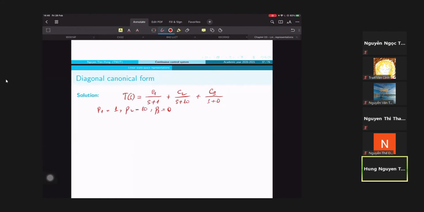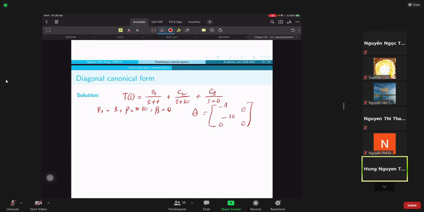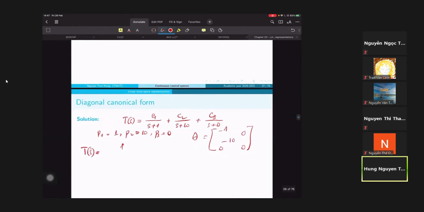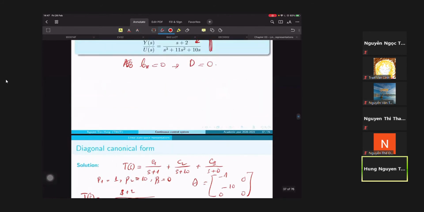Okay, so we will see that we got a matrix like this. Minus 1, okay, sorry, this 10. Minus 10 is 0 here, and all others 0. But if you represent the system like this, T(s) equals (s plus 2) divided by (s plus 1)(s plus 10), because in this case you can represent it this way.